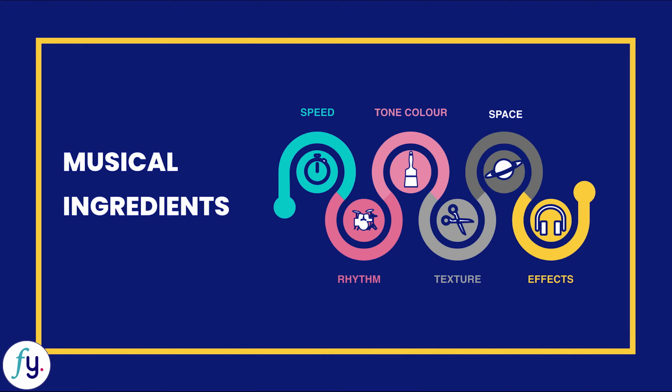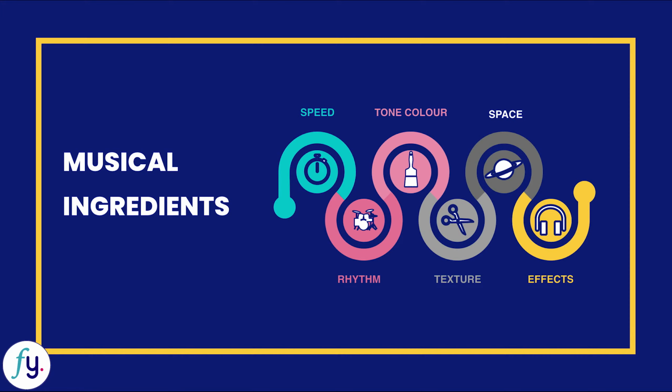So all or some of these ingredients can be added to your music in different doses. The main ingredient of a chocolate cake is obviously chocolate. The eggs hold the cake together and the flour gives it texture and fluffiness. So all of those ingredients are really important.